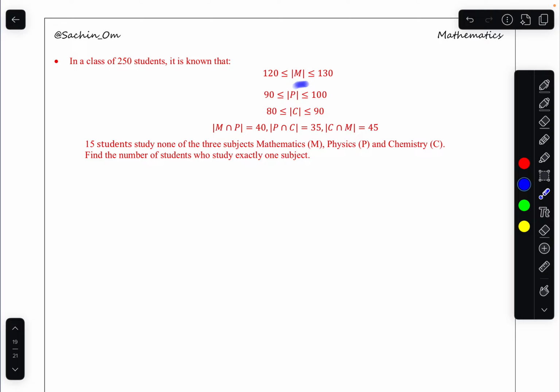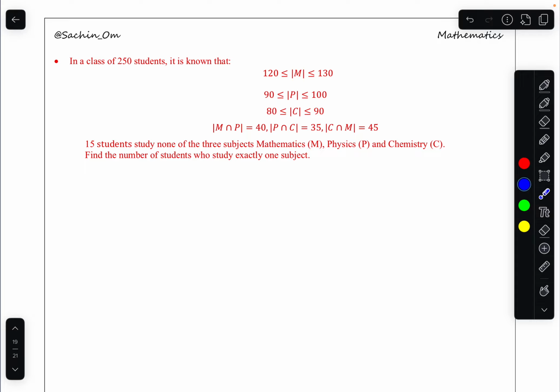Mod M denotes the number of people in M, mod P the number of people in the set P, those people who are reading physics, and the same for the number of people who study chemistry, which is greater than or equal to 80 and less than or equal to 90. The number of elements in M intersection P is 40, in P intersection C is 35, and in M intersection C is 45. There are 50 students who study none of the three subjects. Find the number of students who study exactly one subject.